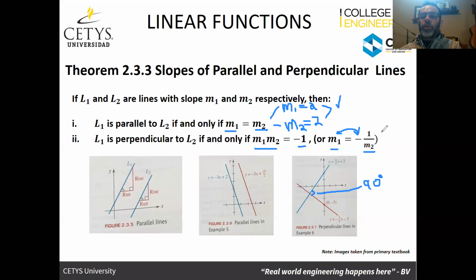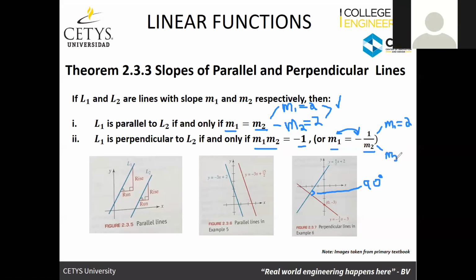Now, for the two lines to be perpendicular, if M1 equals 2, then what would M2 be? -2. Nope. No? -3. Nope. There's a lot of real numbers in the real number line, so if we go through them, we're never going to finish.